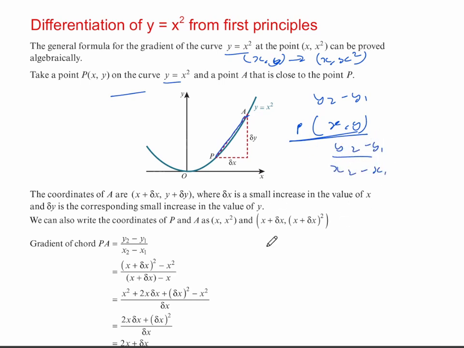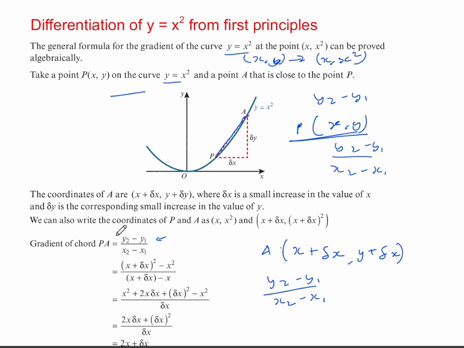So let's make A have the same x as P plus a small x, a very small number. And the same thing for y, plus a small change in y. You can name it whatever you want; I just named it delta x. Then the way we're going to do it is y2 minus y1 over x2 minus x1 right here.